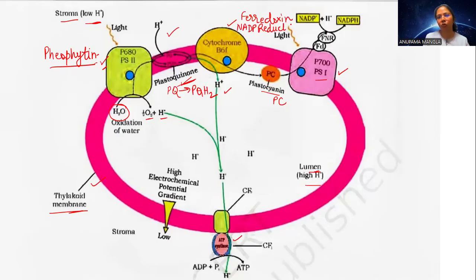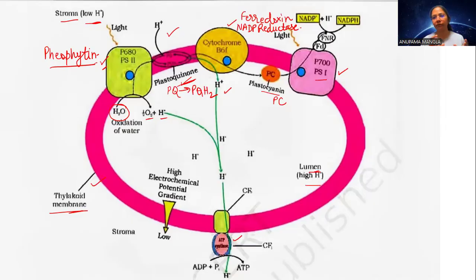This enzyme complex is situated on the outer side of the membrane, and while reducing NADP plus to NADPH, it is going to utilize a few protons from the stroma. So this process is not accumulating protons in the lumen, but it is using protons from the stroma, again increasing this gradient.